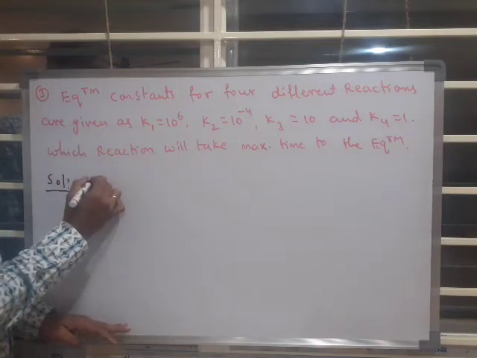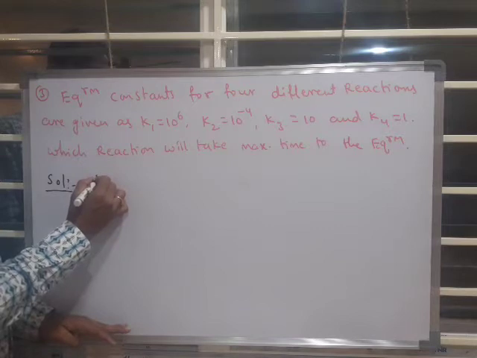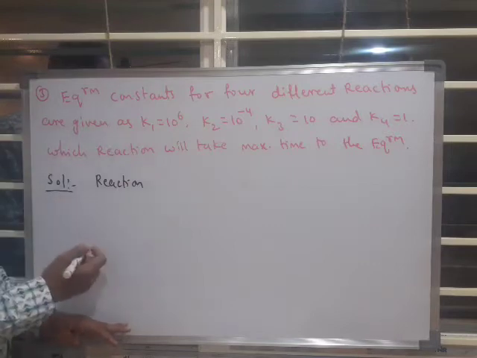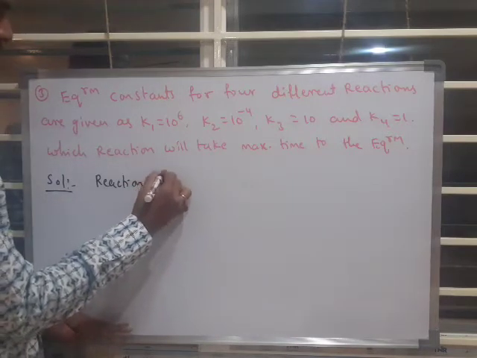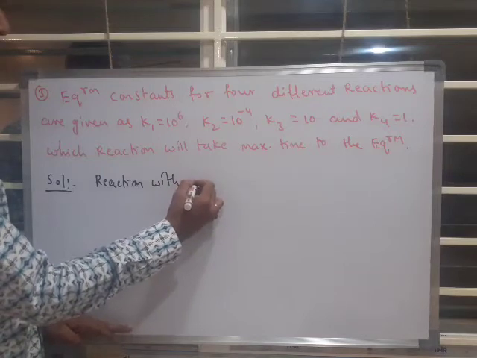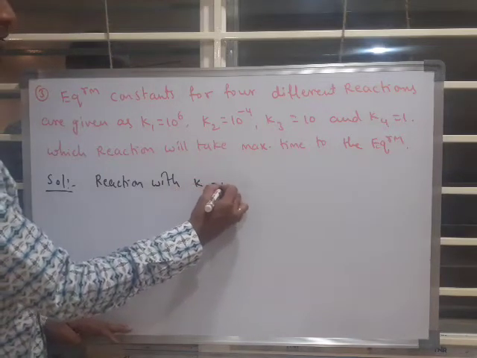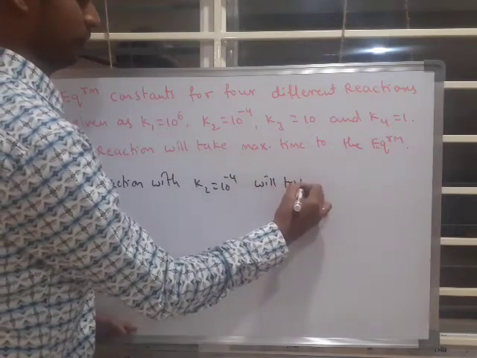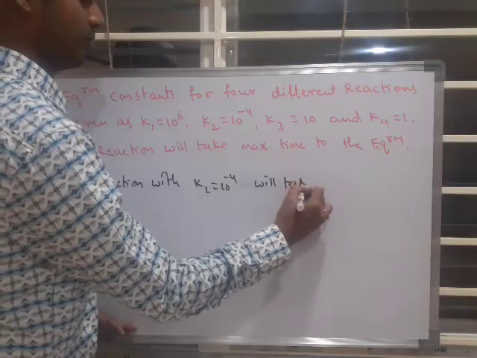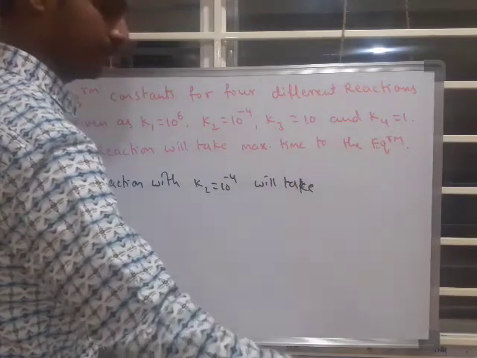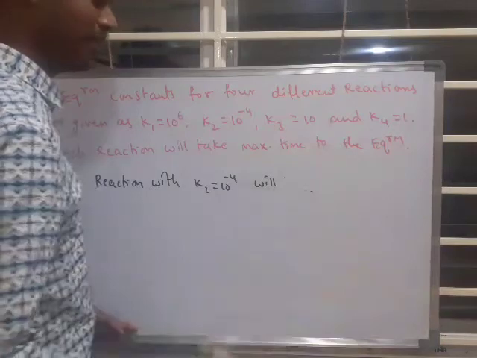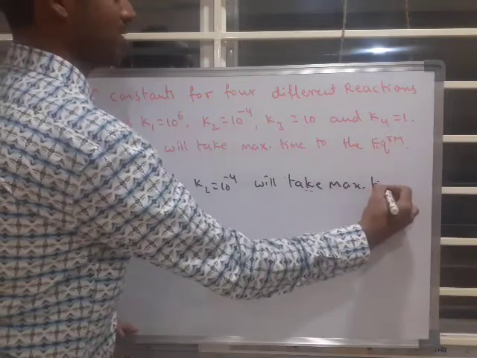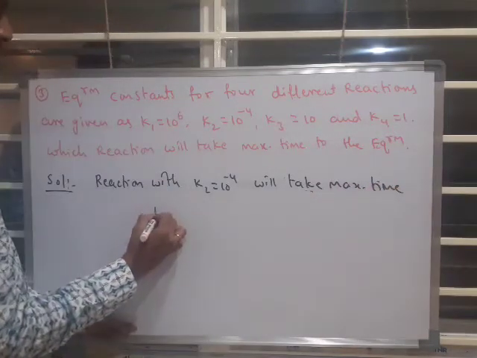So what is the answer? The reaction with K2 equal to 10 power minus 4 will take maximum time to achieve equilibrium.